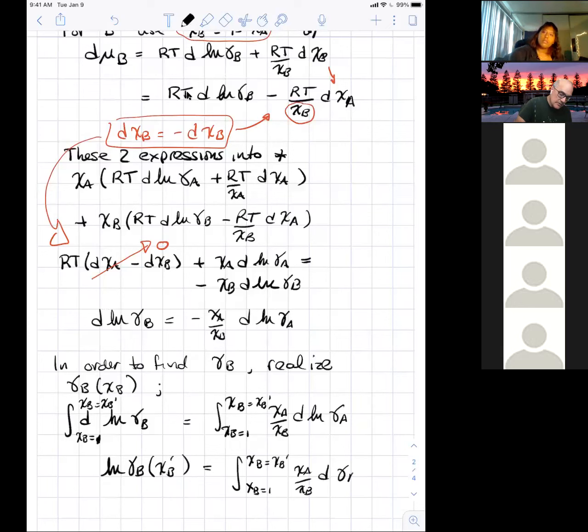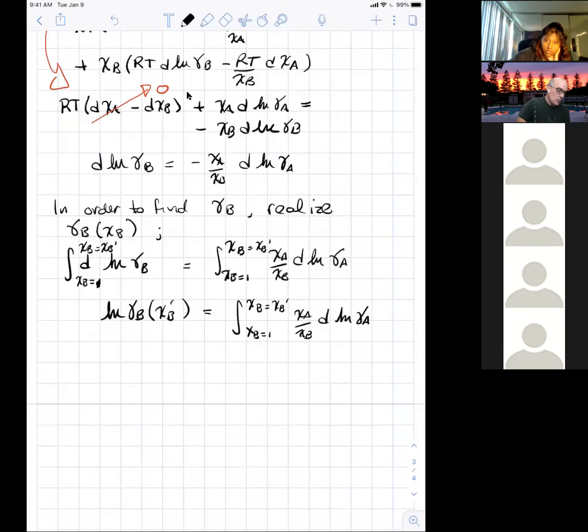So we have this same kind of issue that we had before, where I'm just gonna draw, this is really a cartoon, right? But we're gonna have the XA 0 to some XB prime number, which is 1 minus XA prime, right? So we're really integrating from XA equals 0 to some other XA value.